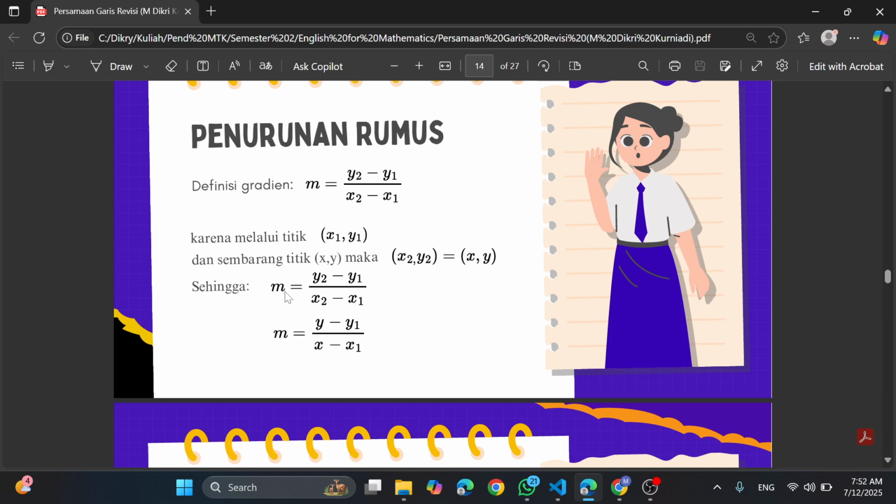Therefore, m equals y2 minus y1 over x2 minus x1. So we can substitute y2 as y and x2 as x.